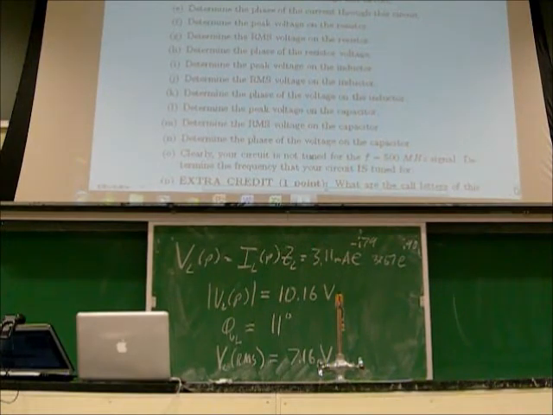Z total is bigger than omega L. The reason is, when calculating Z total, you subtracted the ohms from the capacitor away from the inductor before squaring it. And that's what made the total impedance less than just the one from the inductor. And it could have been the other way around. It could have been that 1 over omega C was the winner, but the omega L coming away from it caused it to have a slightly bigger voltage.